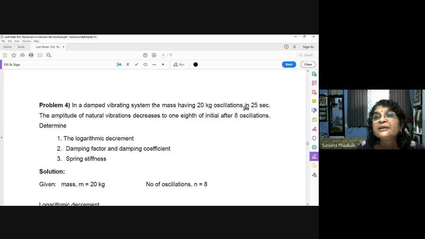Here it is given that in a damped vibrating system, the mass having 20 kg oscillations. Here some 40 number is missing. It completes 40 oscillations in 25 seconds. Okay, that 40 is missing.